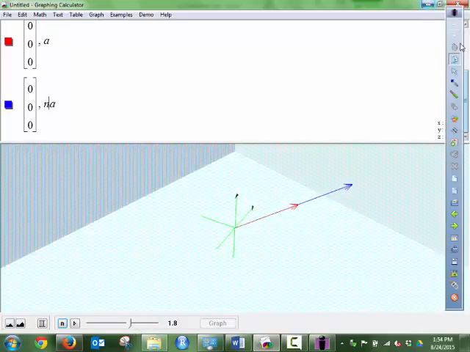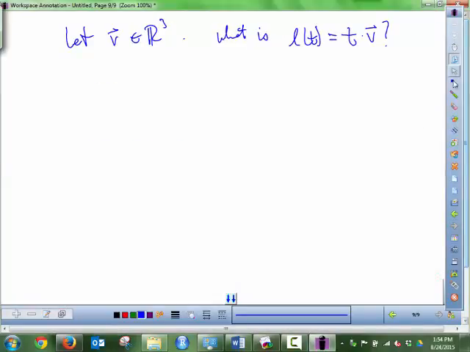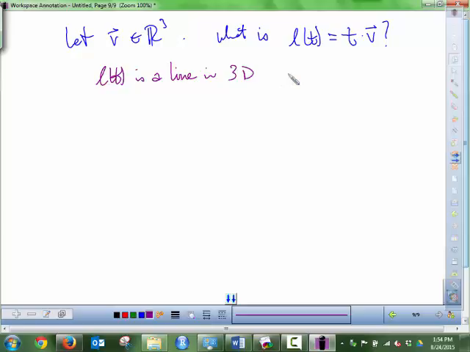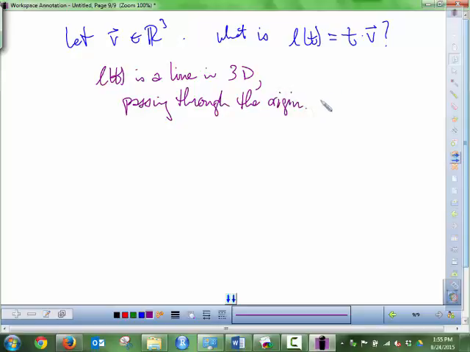So let's make a note of that. So this looks like it's going to be a line in 3 dimensions in the same direction as V and passing through the origin. Or same, not dimension, but direction, same direction.